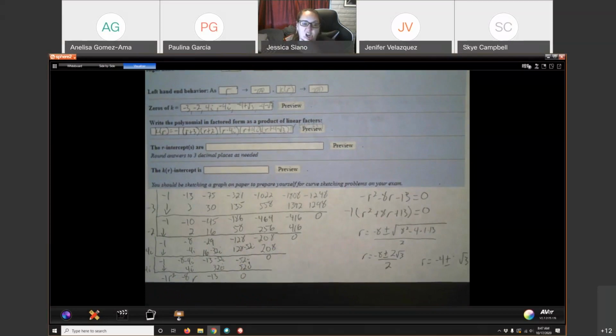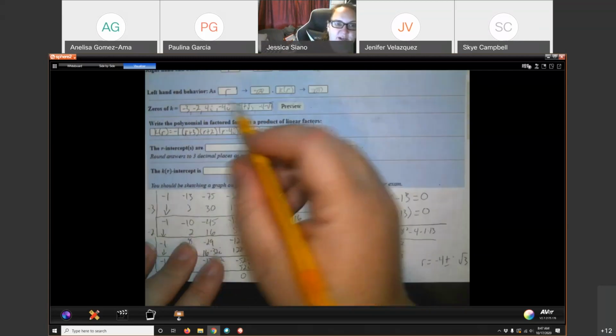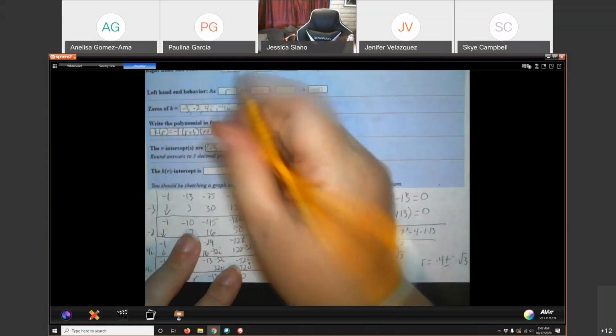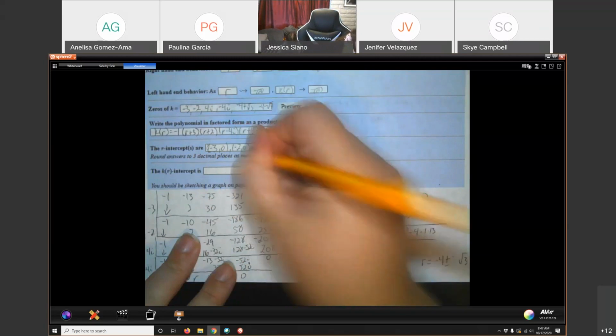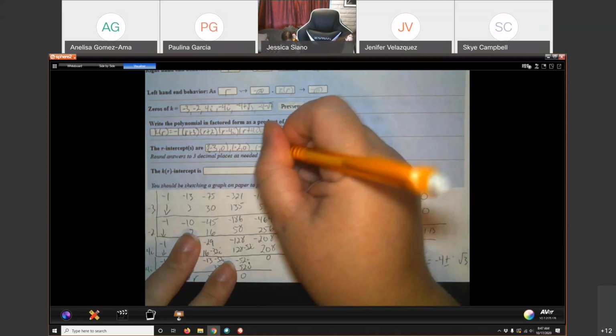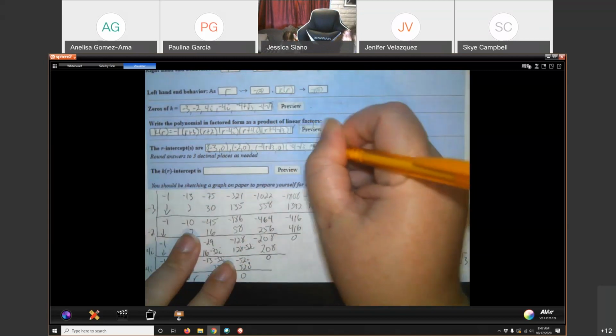The r-intercepts, the good news is we already found them. The r-intercepts are all of my real answers up here on zeros. So the r-intercepts would be negative 3, 0, negative 2, 0, negative 4 plus rad 3, 0, negative 4 minus rad 3, 0.